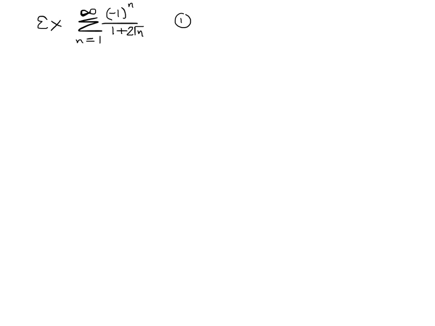And by it, I mean just the a sub n's, so we ignore the -1 to the n and look at everything else. So we take 1 over 1 plus 2 root n, and if it's decreasing, then the next term, when I plug in n plus 1, would have to be smaller.